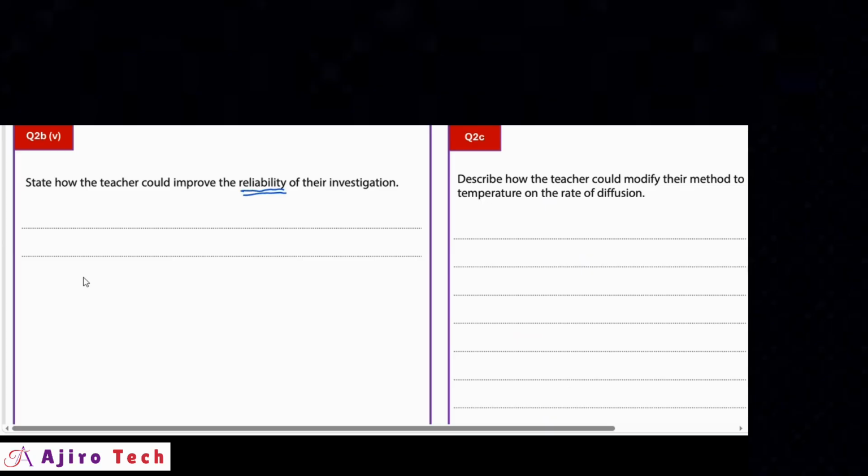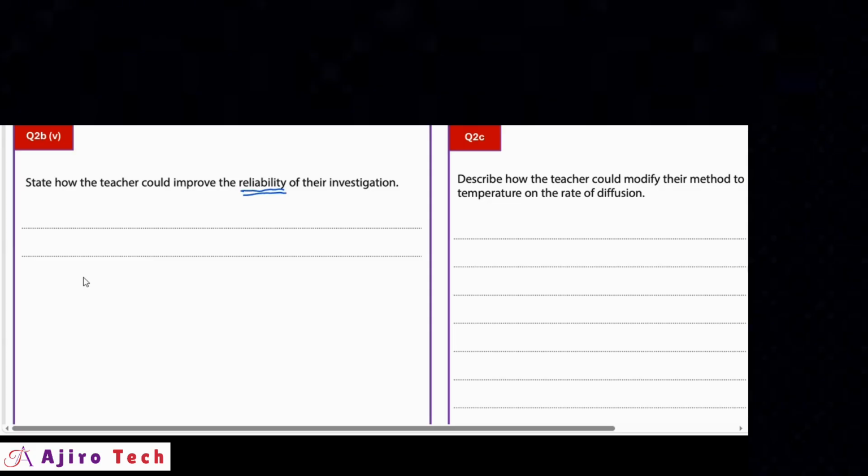Imagine if this investigation is repeated 5 times. No matter the error, if you have a little error in the first trial, we may not have it in the second trial, we may not have it in the fourth trial. So there is a probability of having a more reliable investigation when it is repeated.